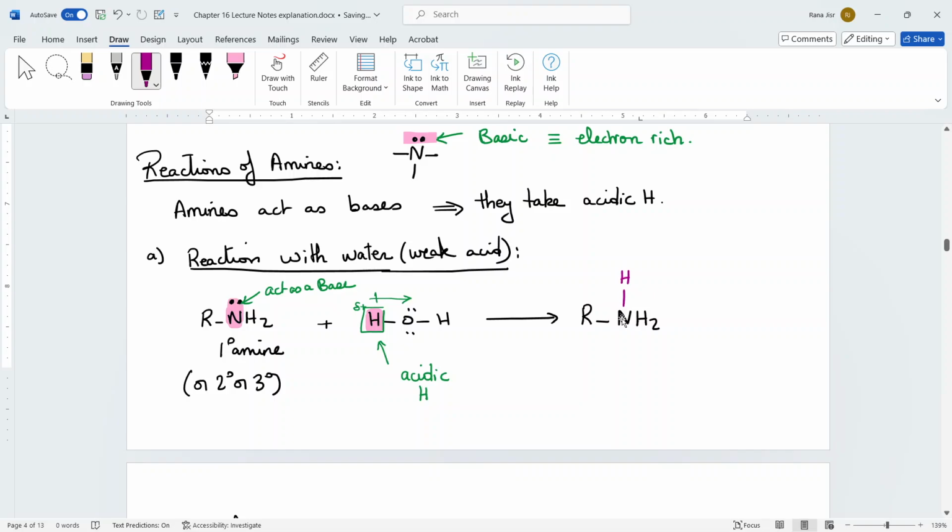Notice the nitrogen is going to end up having 1, 2, 3, 4 groups around it. No lone pairs, so I know that my charge on the nitrogen is a positive charge. Please remember that nitrogen with 4 groups around it should have a plus charge, and we're going to call this an ammonium ion, plus, of course, whatever is left from the water.